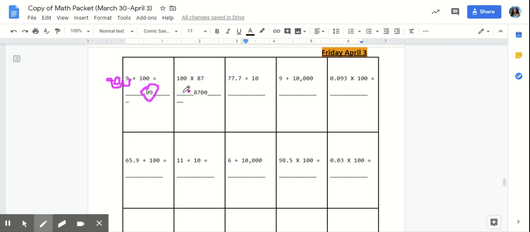When we're multiplying by a power of 10, we're going to move our decimal point to the right. Now in this case, we're going to move our decimal point 2 places to the right. And we know because of the number of zeros. So we have 87. Let's erase that. We have 87. We're going to move our decimal point 2 times to the right.